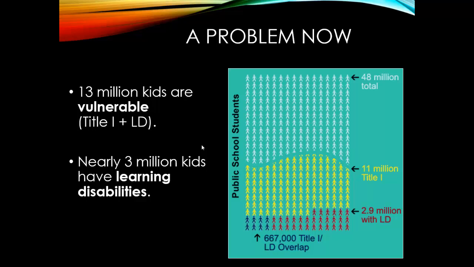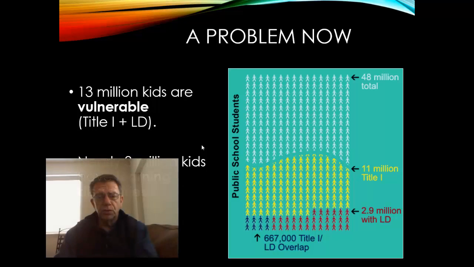So the problem is we need to identify these kids, and we need to identify them accurately. Is it possible that all those kids in the yellow have learning disabilities? Is it possible that some of those kids in the purple don't have learning disabilities? You can see the overlap there with the kids that are in blue.